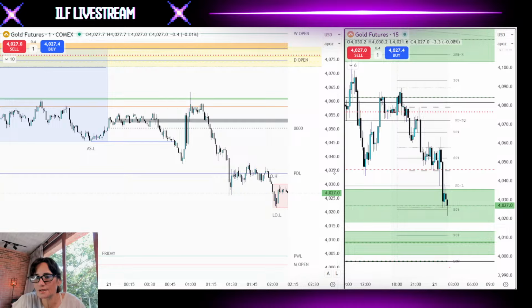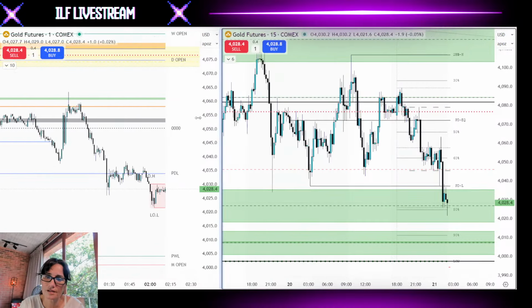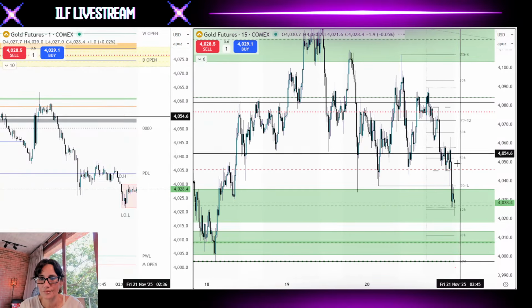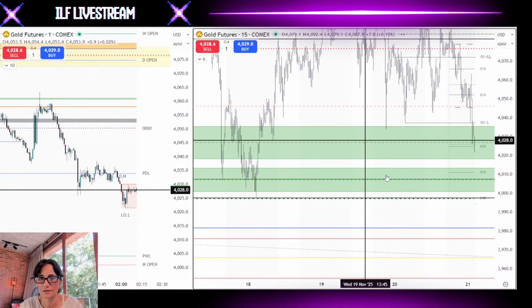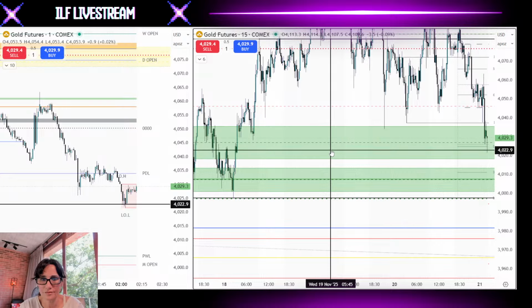Look on the 15-minute. Are there any inefficiencies? So we did make a wick here, and we took out liquidity here. We did a bit.